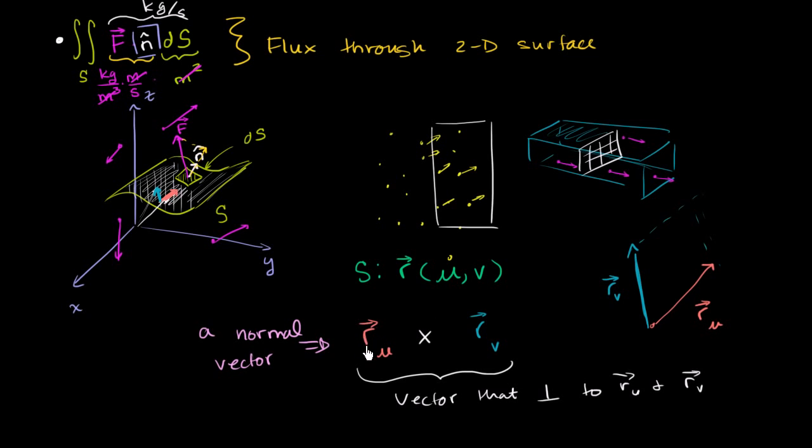And so when you have something cross something else, the easiest way I remember how to do it is you point your right thumb in the direction of the first vector. So in this case, r sub u. So let me see if I can draw this. I'm literally looking at my hand and trying to draw it. So you put your right thumb, so this is the right-hand rule essentially, in the direction of the first vector.